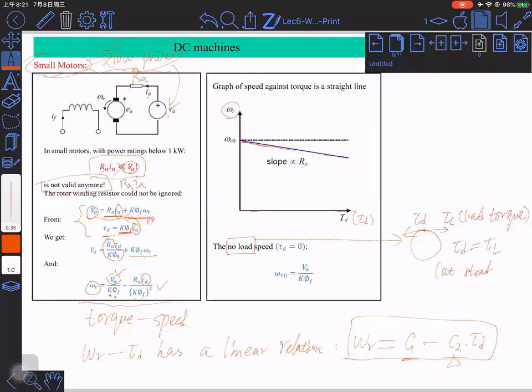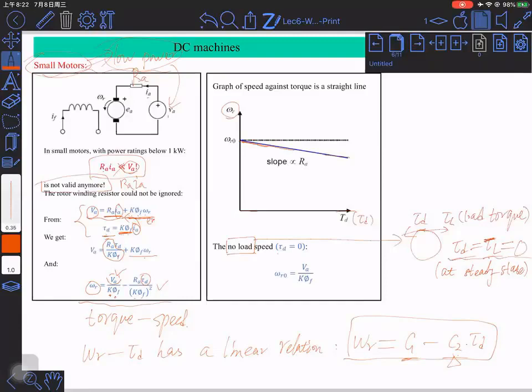This is at a steady state because if you're driving a car, you want this car to move at a speed you want at a steady state. And that means your developed torque has to be equivalent to the load torque. But now if there's no load torque, which means the load torque at a steady state is 0, this is what we're going to have.